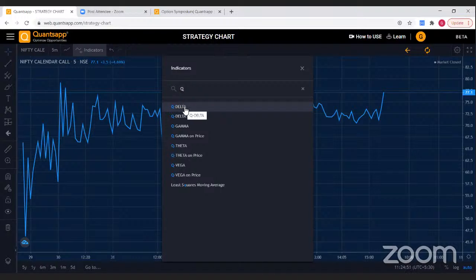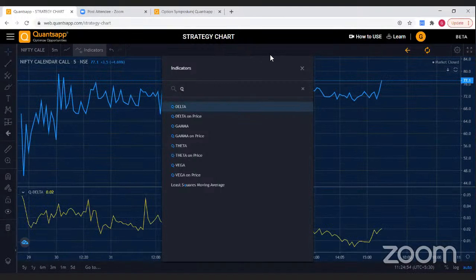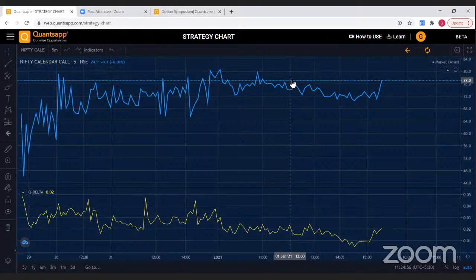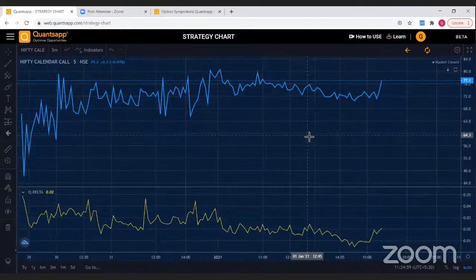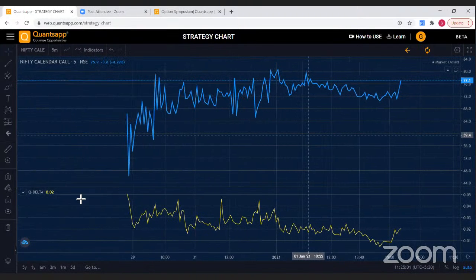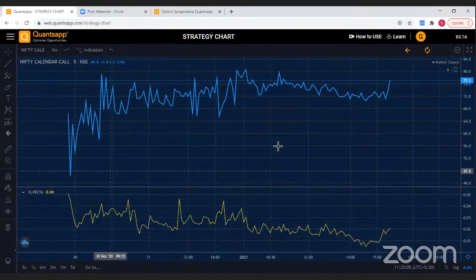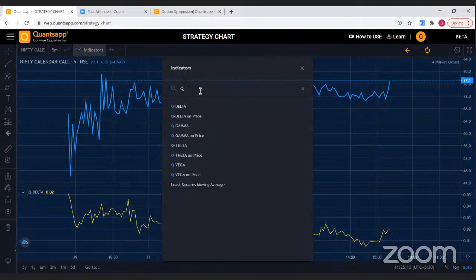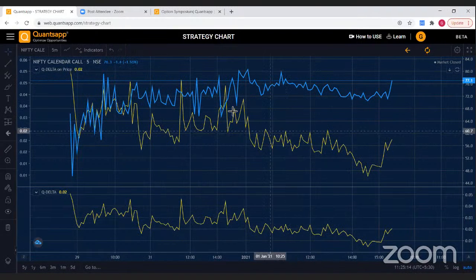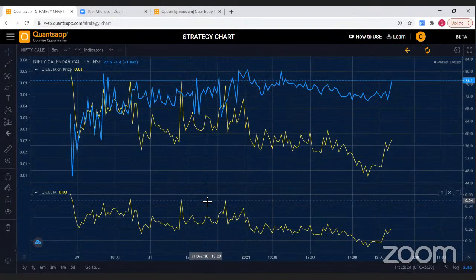So if I say delta, and I want to see the calendar call, if I am making this strategy, I can actually see the delta of this particular strategy. You can see there are two options: delta and delta on price. Delta on price means the delta will plot on the price along with the price, and if you only select delta, it will plot on a new panel.